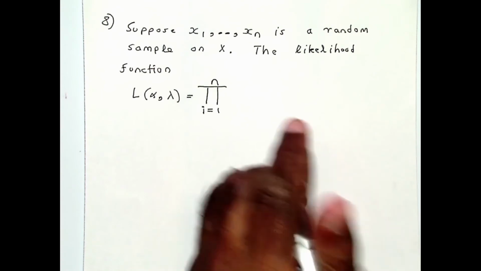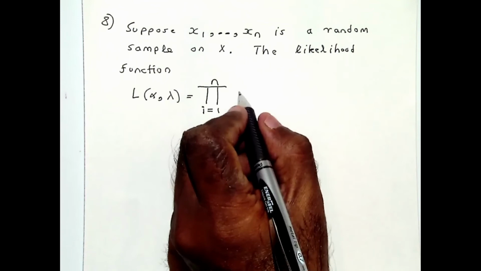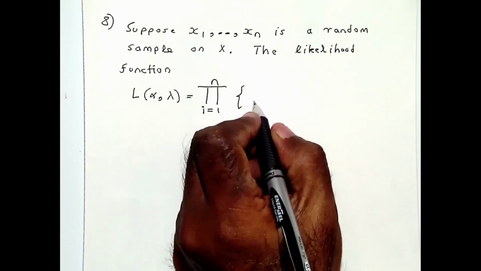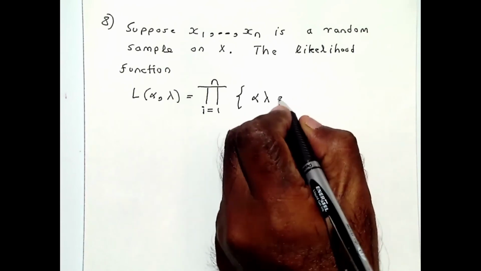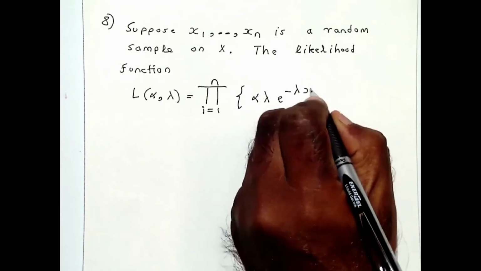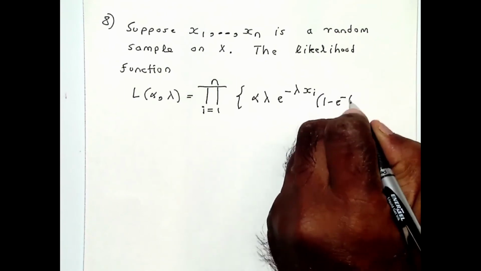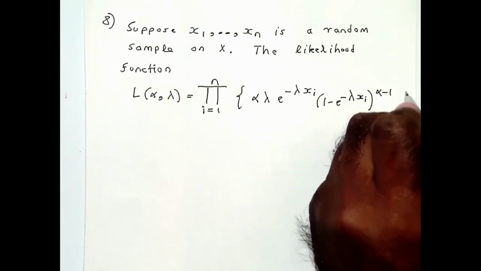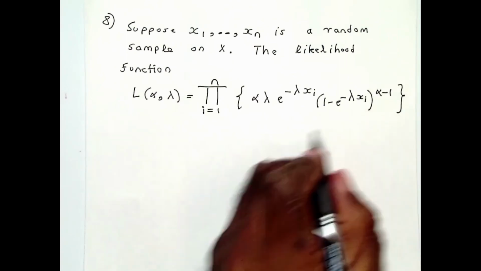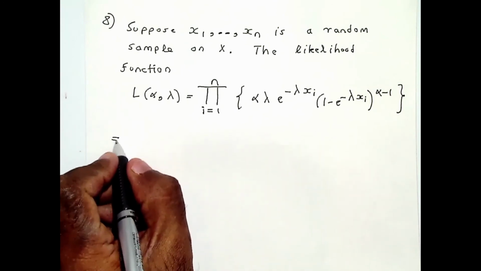If you look at part 2 of the questions, you will see the density function is alpha lambda... This is the density function of x.